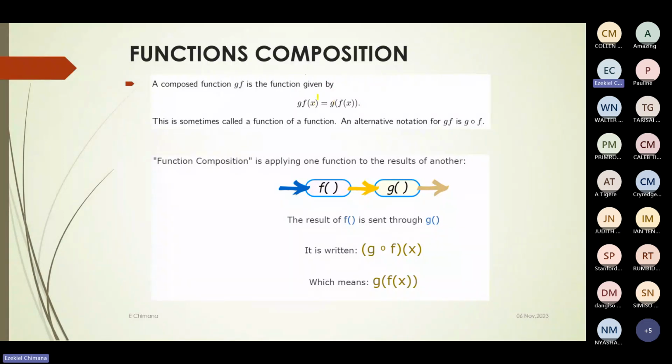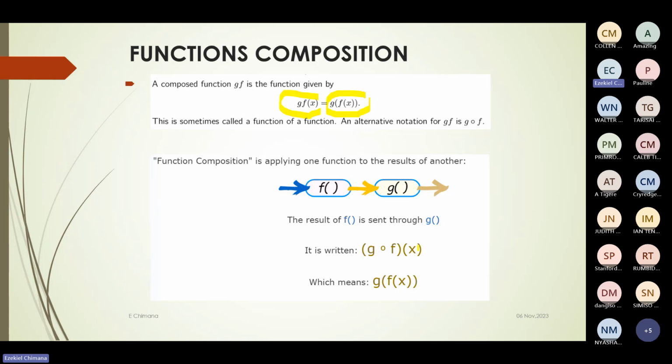For every value of x at function g, we just replace it with the value of f of x. This is sometimes called a function of a function, and the alternative notation of gf is g ∘ f, or g of f. It's not a dot. If it is g dot f, it's a multiplication.